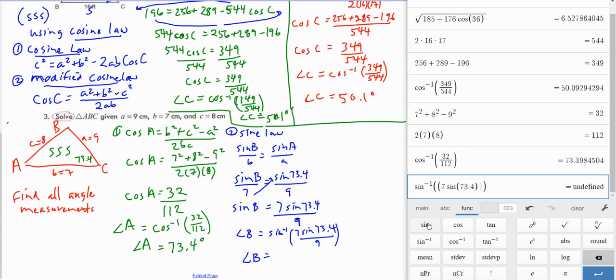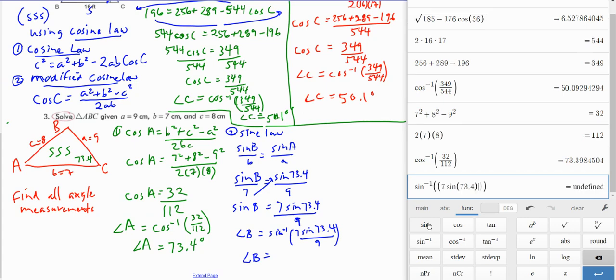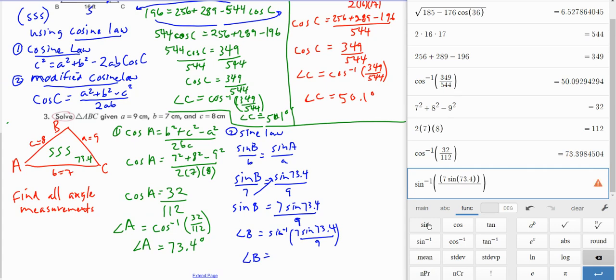Close that bracket, divide by 9. There we go, that's better. 48.2, if we round that, 48.2 degrees.